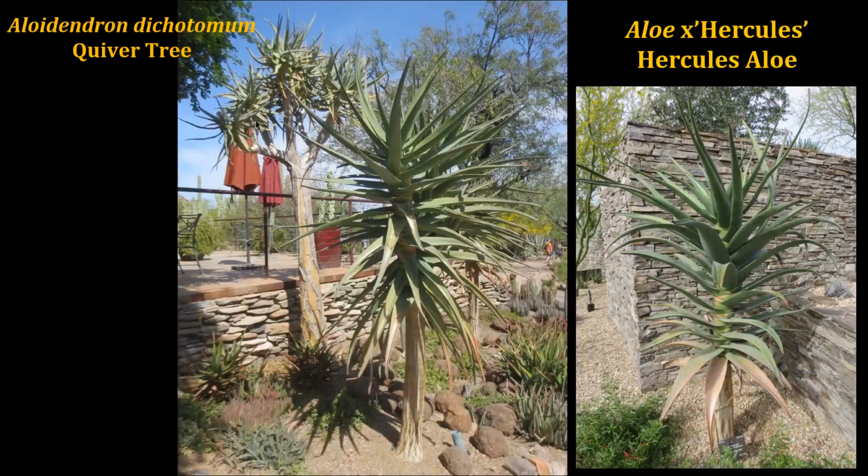I showed you that quiver tree. This Hercules is a hybrid. Two parents came together and made this, and one of the parents was this quiver tree. But these leaves are huge on this hybrid, hence the name Hercules.